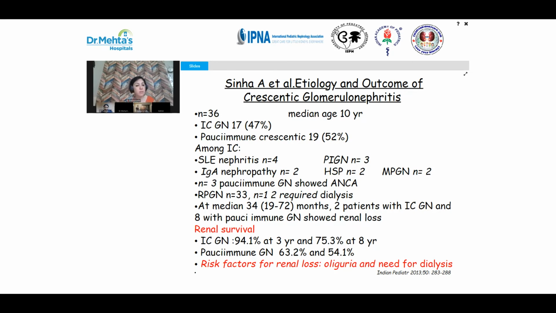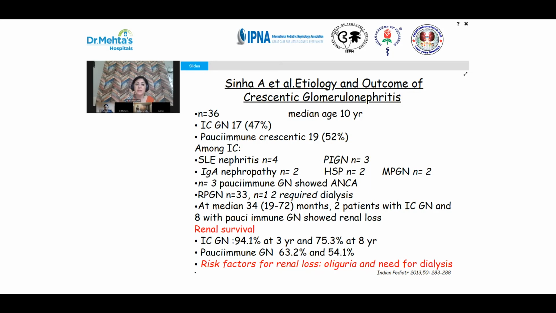Among the immune complex, there were cases of SLE nephritis, PIGN, IgA nephropathy, MPGN, and HSP nephritis. The median age was 34 months, and the renal survival was far better in immune complex GN. The risk factors for renal loss were oliguria and need for dialysis at presentation.